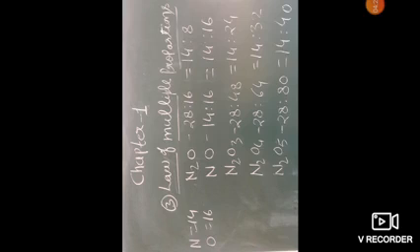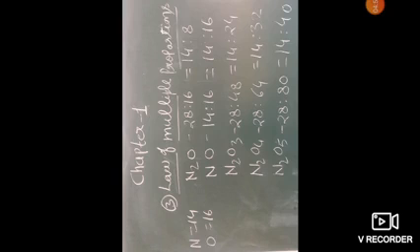N2 means we take double of 14, so 14 twos are 28, and 16 threes are 48. After simplifying we get 14:24. Now next N2O4, it is 28:64.